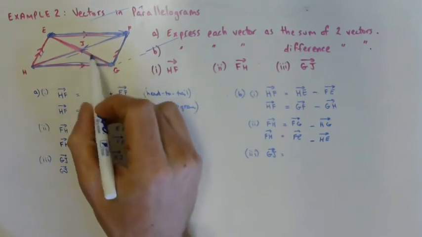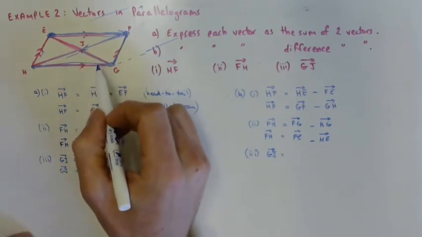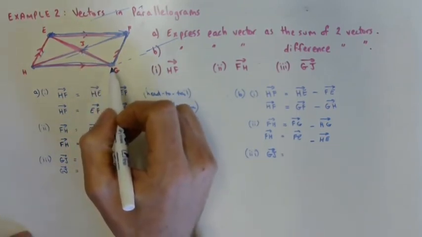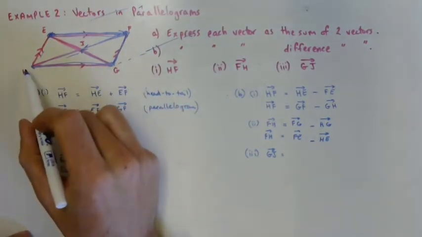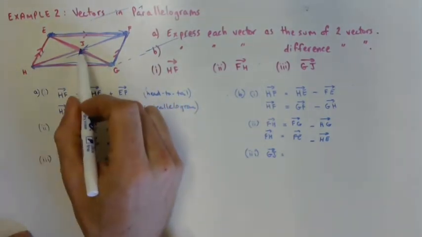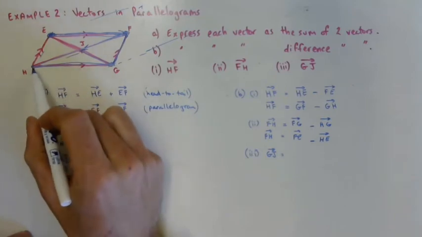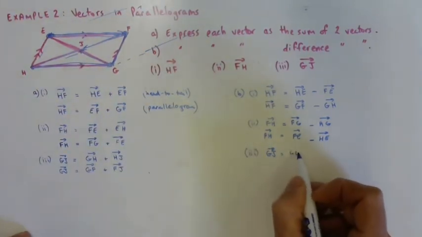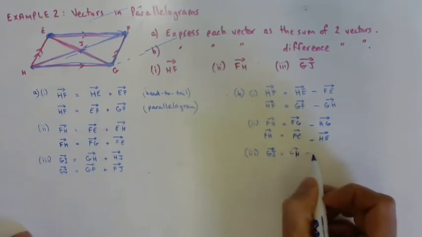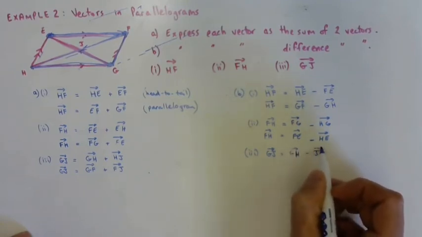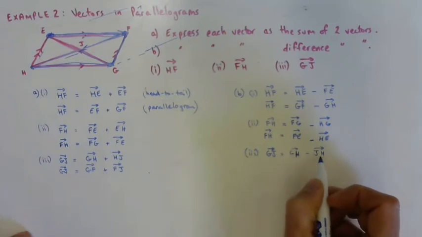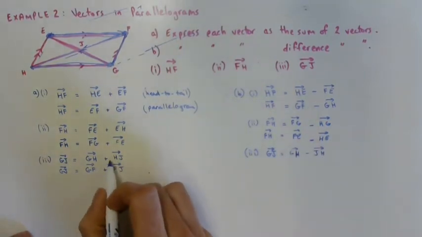GJ is this vector right here. So if we determined that it was GH plus HJ, then it could also be GH minus JH. I'm just subtracting the opposite of the one that we did over here.